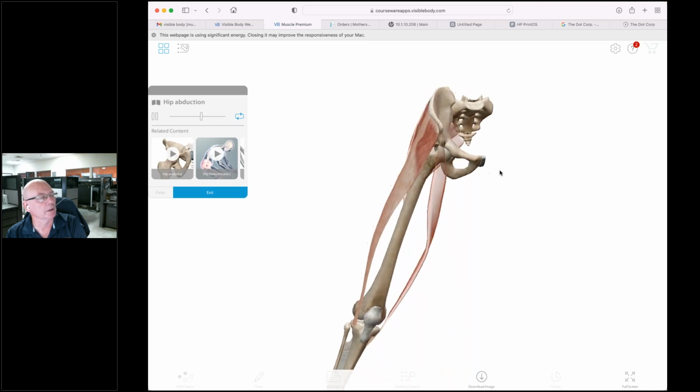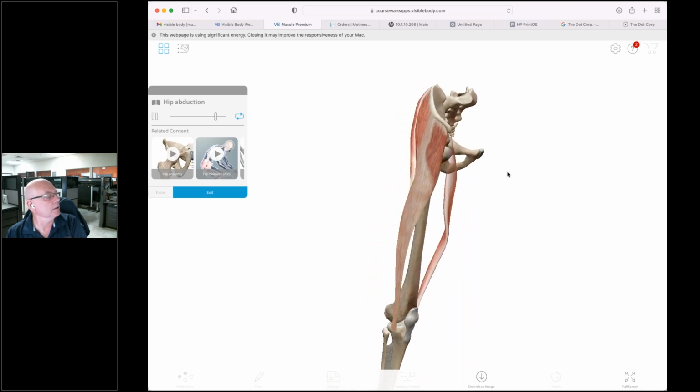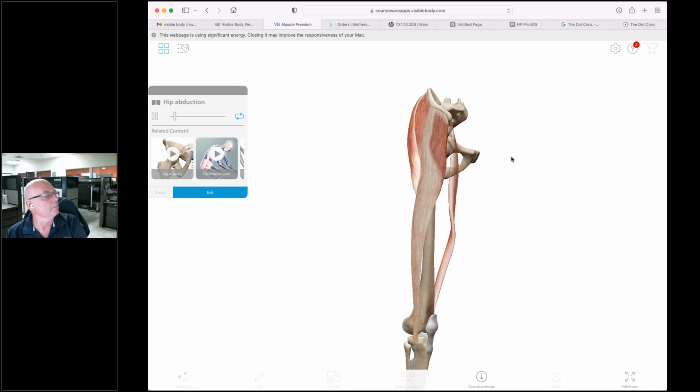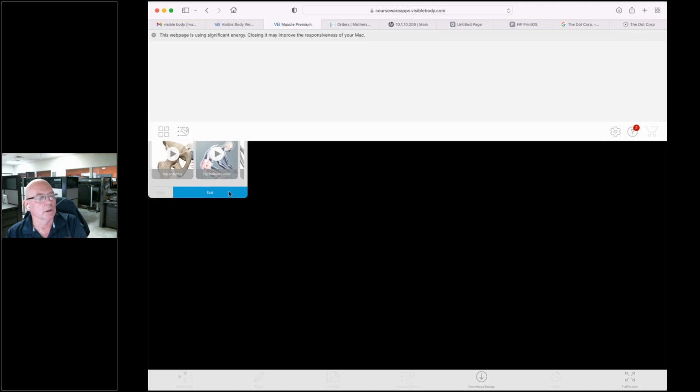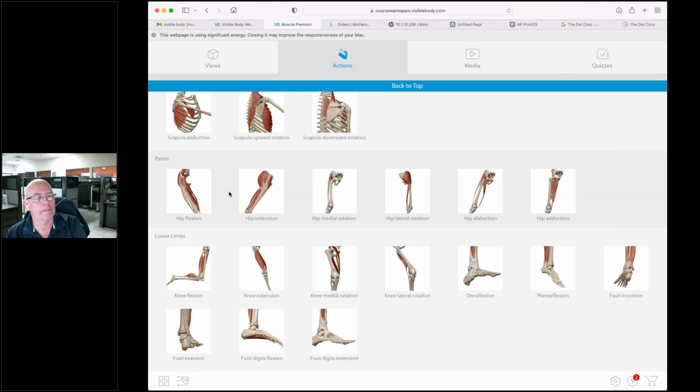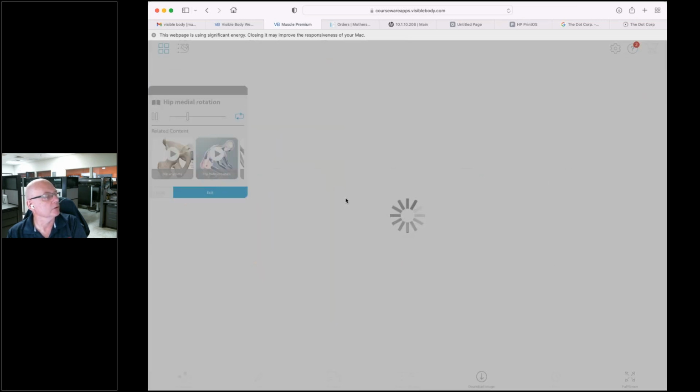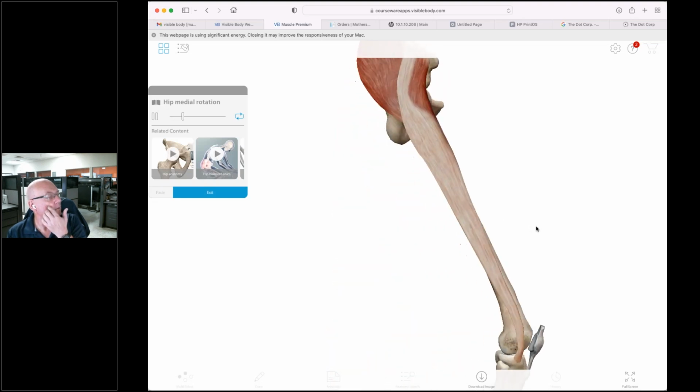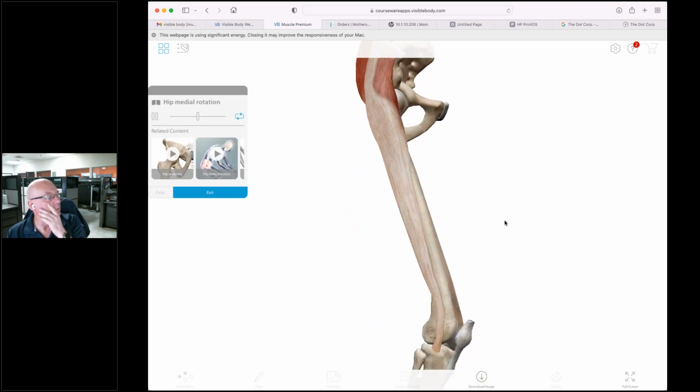Now this is the muscle for abduction. I don't know if we can go to medial rotation. Let's see if it even shows it on here. Yeah, there it is. So, medial rotation.